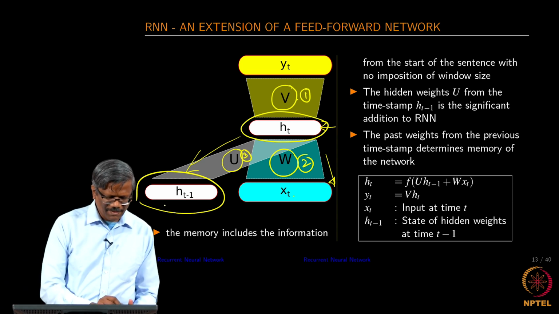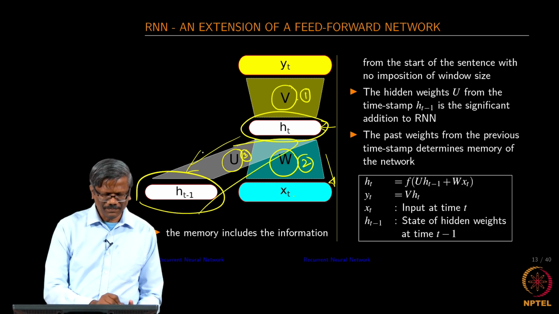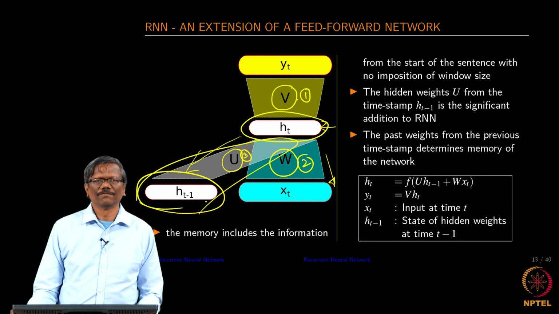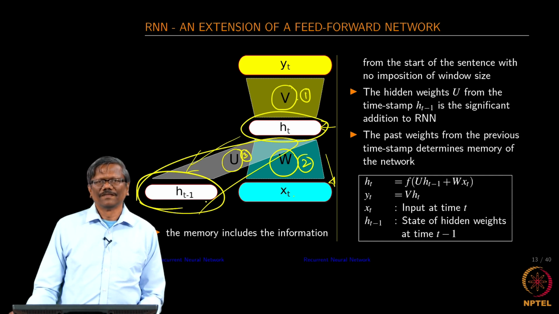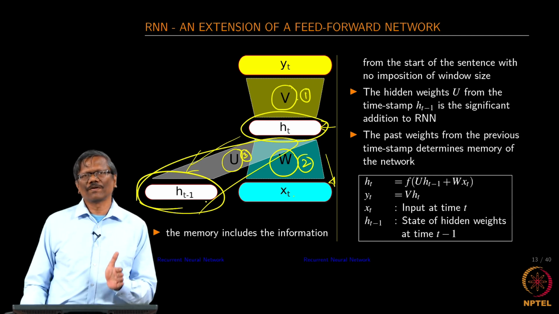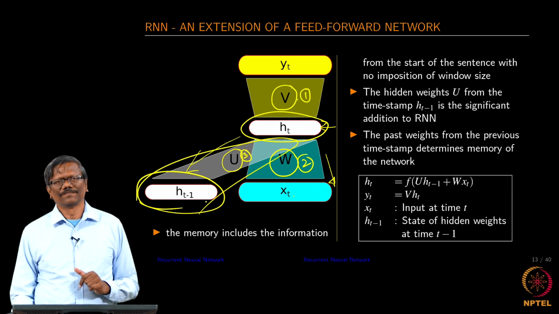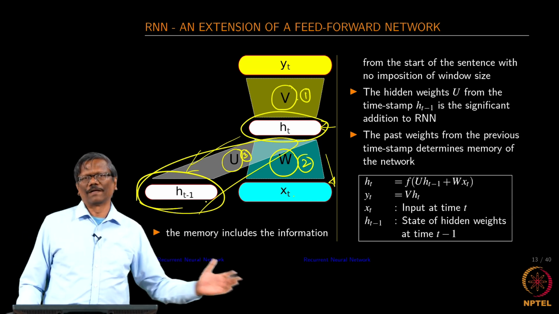Got it. So, this is our memory part that we are talking about. We want to retain this, so that we keep knowing what has happened in the previous time slice, a time slice even before that and before that.